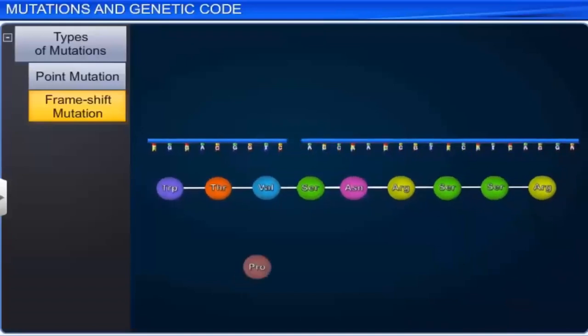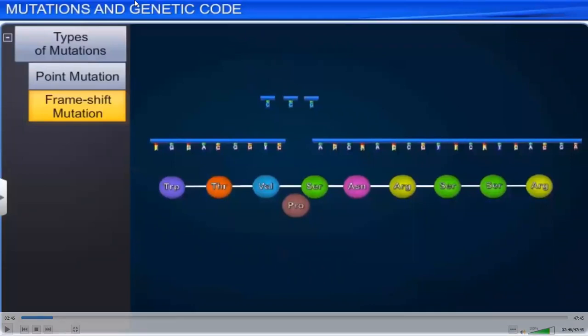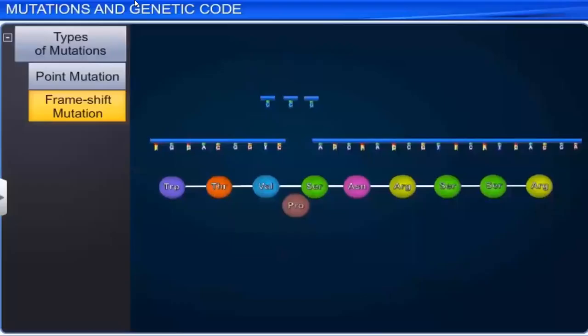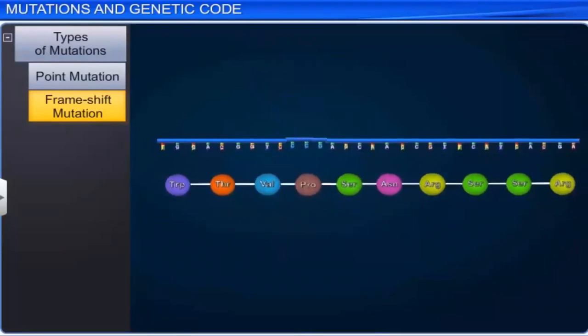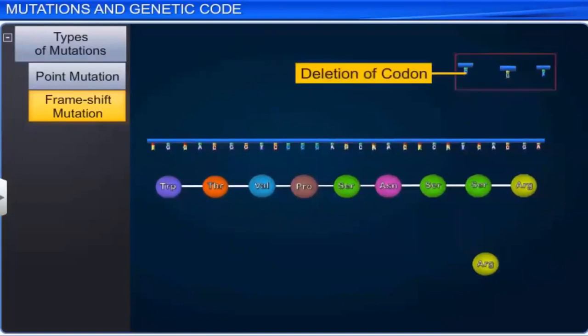Likewise, in a frameshift mutation, if three or multiples of three bases are inserted or deleted, it will result in the deletion or insertion of a codon.